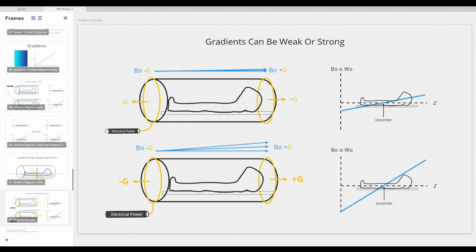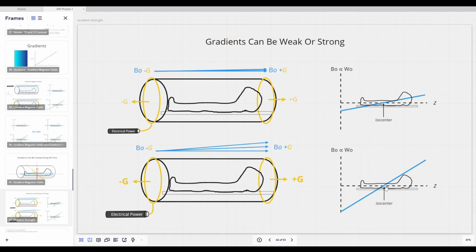And if you use less power, or some amount of power going through those coils, you might generate a gradient that looks like this, kind of a gentle change from the feet to the head. If you ramp up the power, you have a bigger gradient in this direction and a bigger gradient in this direction. As you would expect, you're going to be more negative down by the feet, and you're going to have more positive net magnetization up by the head.